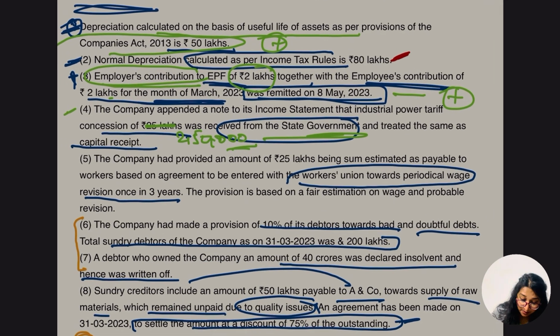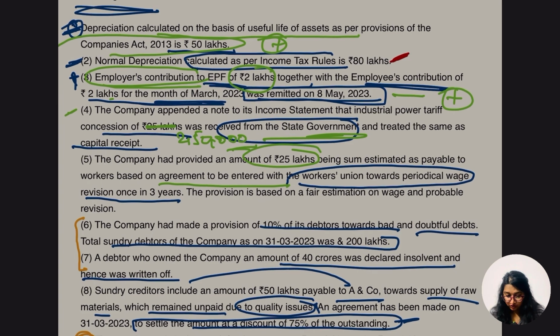The fifth point says the company had provided an amount of rupees 25 lakh, being the sum estimated as payable to the workers based on the agreement to be entered with the workers union toward periodical wage revision once in 3 years. The provision is based on the fair estimation of the wage and probable revisions.